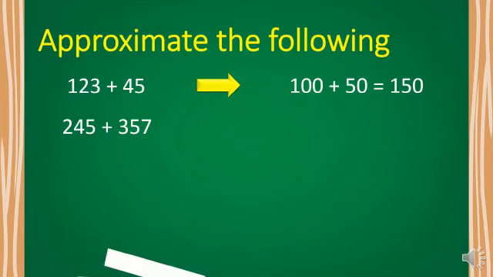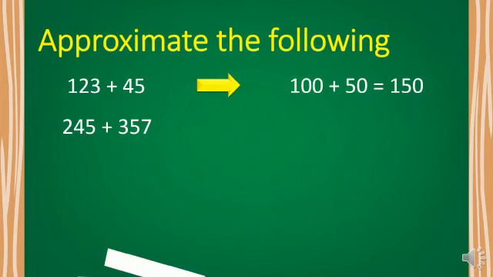245 plus 357. Okay, look at the first number, 245. Look at tens. 4. Rich or poor? Poor. Just ignore. Put 0, 0, and 200 as it is. So 245 approximates to 200.